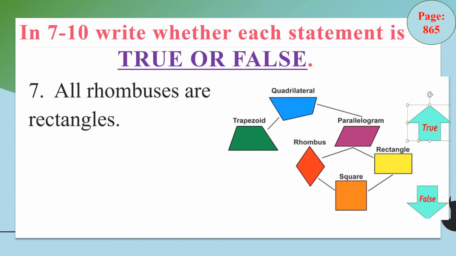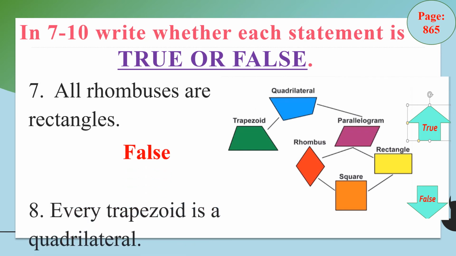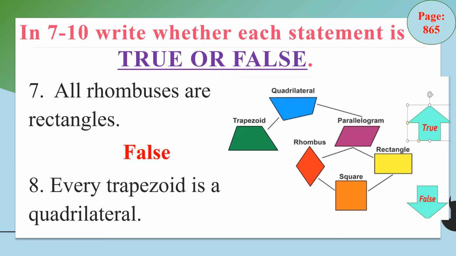No. So will the statement be true? No. So what should I say? The statement is false. Next, every trapezoid is a quadrilateral. Now see the relation between trapezoid and quadrilateral. Are we moving upwards or downwards? Upwards. So is the statement true or false? Yes, you're right. The statement is true.